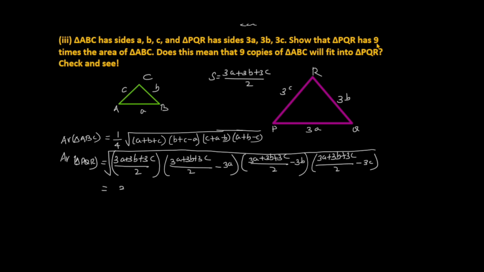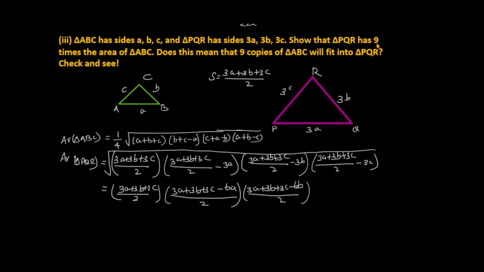Now if we take the LCM, we get 6A by 2, then 3A plus 3B plus 3C minus 6B by 2, and 3A plus 3B plus 3C minus 6C by 2. So everything under the square root.